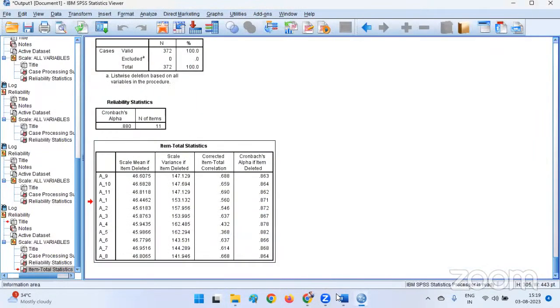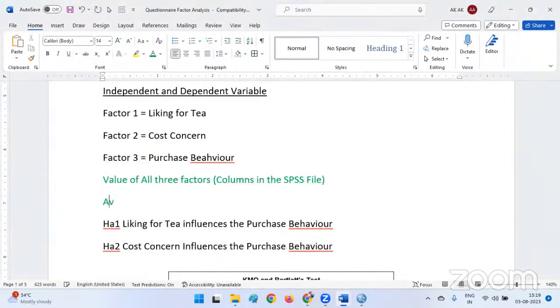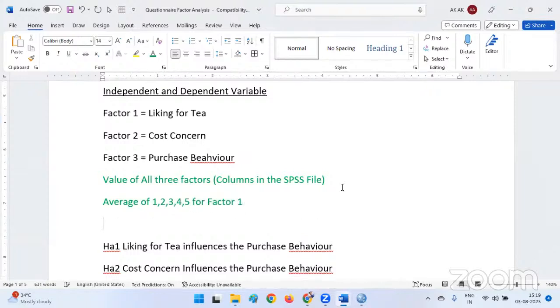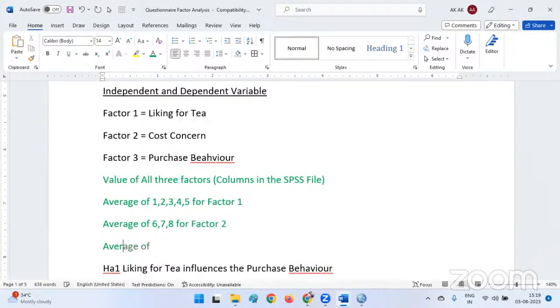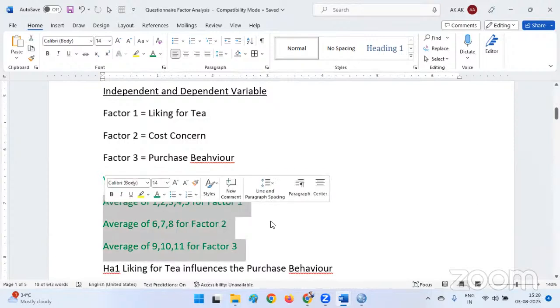So one way to do it is the average of 1, 2, 3, 4, 5 for factor 1, average of 5, 6, 7, 8 for factor 2, and average of 9, 10, and 11 for factor 3. This is one way to do it.